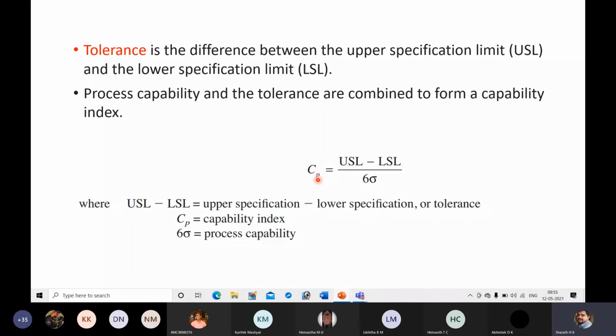So this is the process capability index Cp, given by tolerance divided by Six Sigma. Tolerance is upper specification limit minus lower specification limit, divided by Six Sigma, which gives you the capability index. We are considering Six Sigma because when the process is in statistical control, we are able to produce components within the range of this Six Sigma.